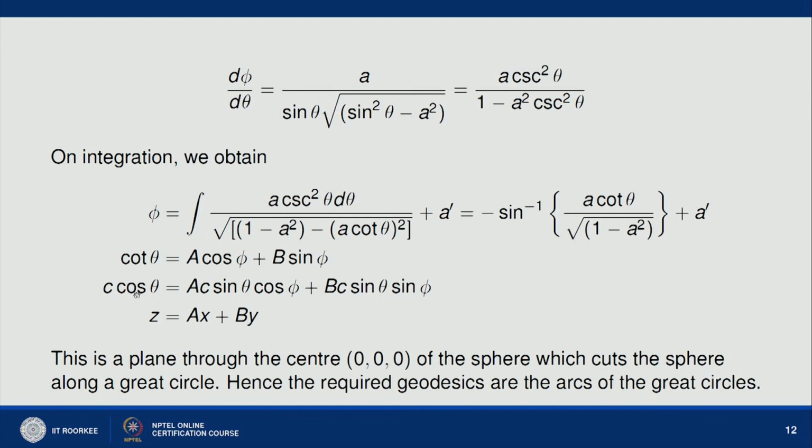When you multiply by c, it comes out to be Ac sin theta cos phi plus Bc sin theta sin phi, which is nothing but a plane passing through the origin 0 0 0, right.